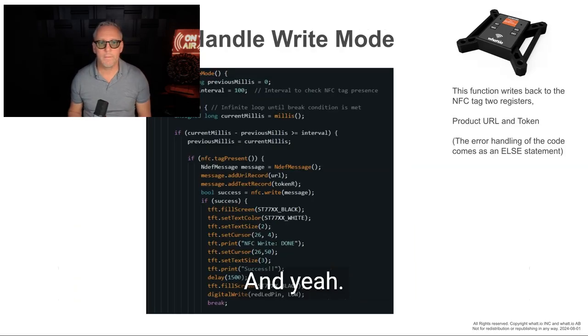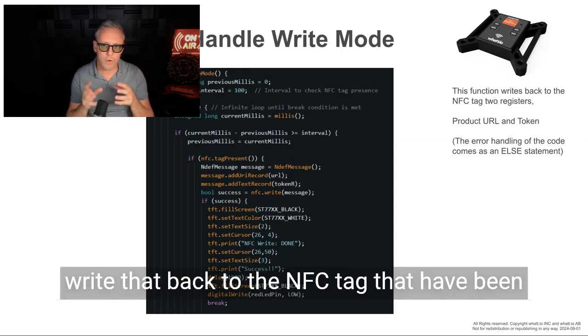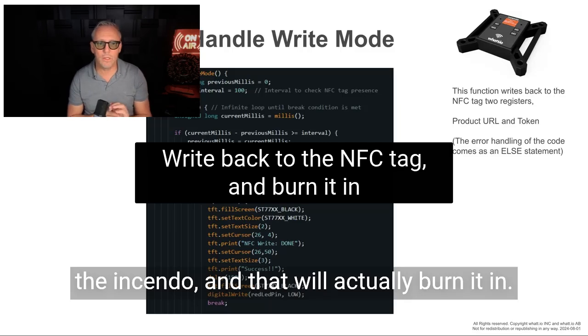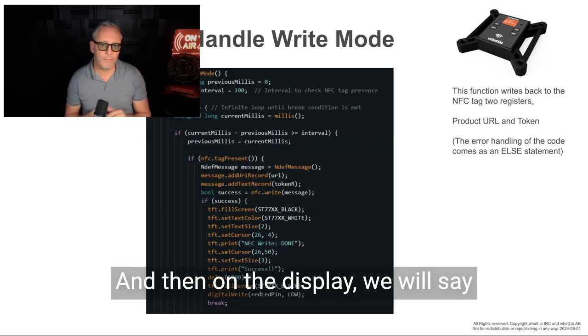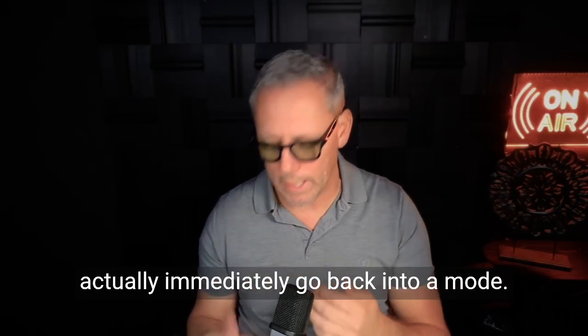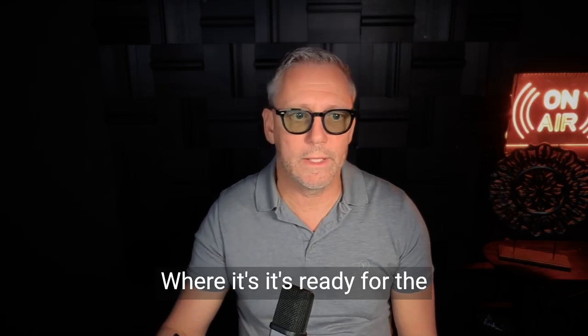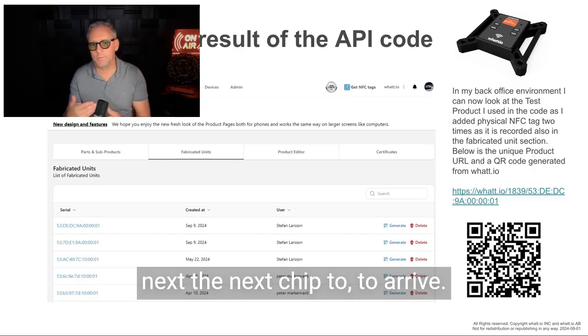And finally, we do the handle write mode, where we write that back to the NFC tag that has been coming close to the programming device, the Incendo, and that will actually burn it in. And then on the display, we will say NFC write done, success, and then it will immediately go back into a mode where it's ready for the next chip to arrive.